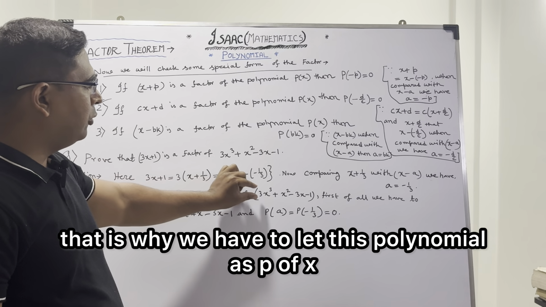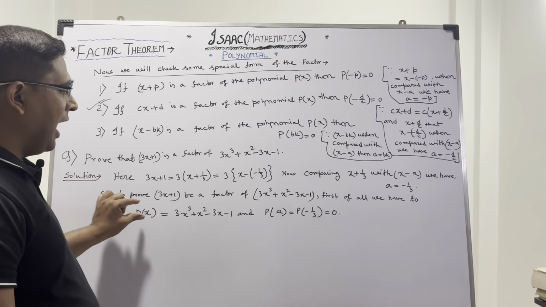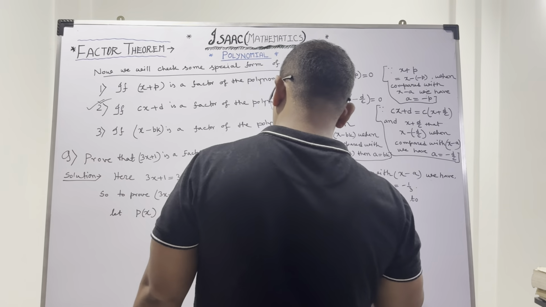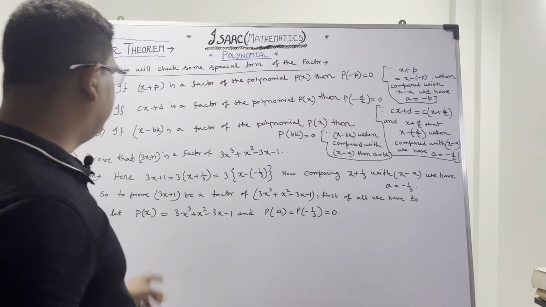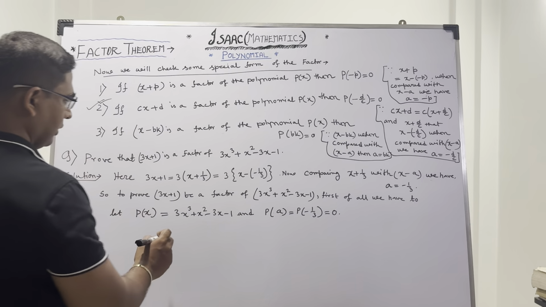That is why we have to let this polynomial as p of x. And then if we prove p of a, or p of minus 1 by 3, equals 0, then we can say 3x plus 1 is a factor of this polynomial p of x, by following the factor theorem.